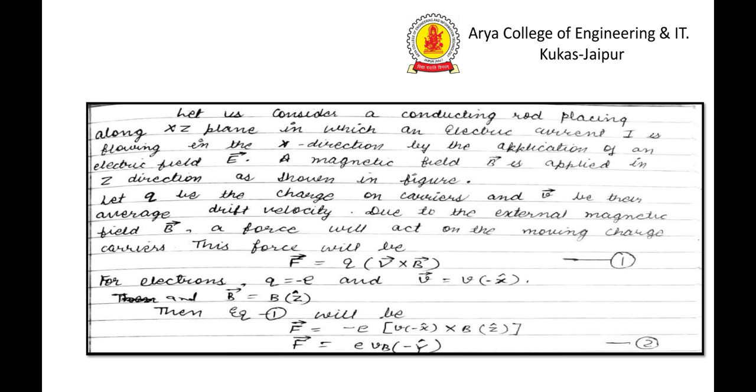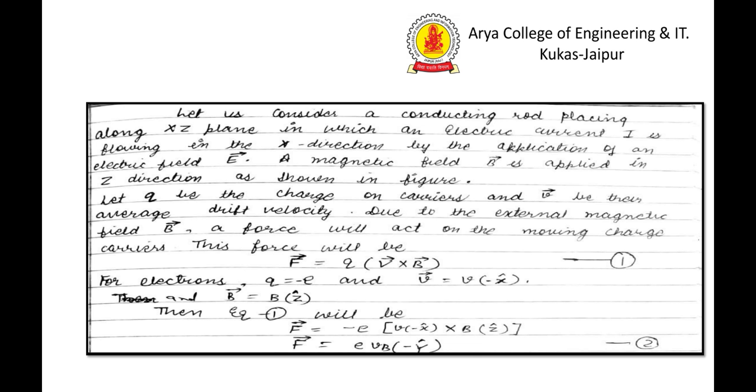To understand Hall effect, let us consider a conducting rod placed along xz plane in which an electric current I is flowing in the x direction by the application of an electric field E vector.